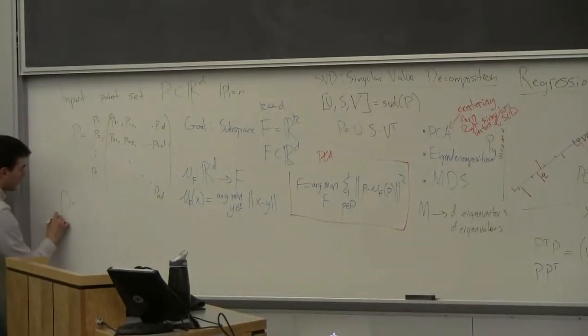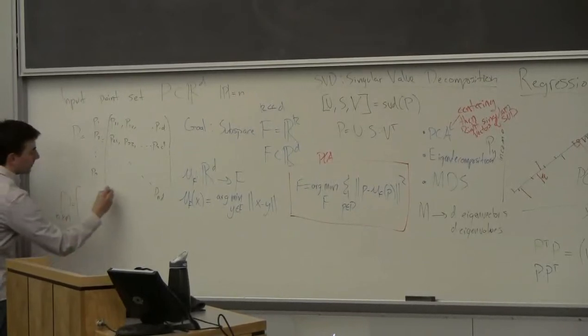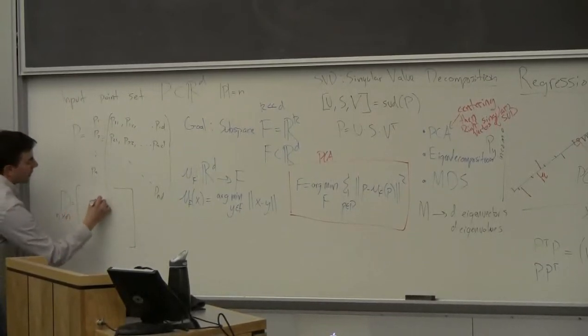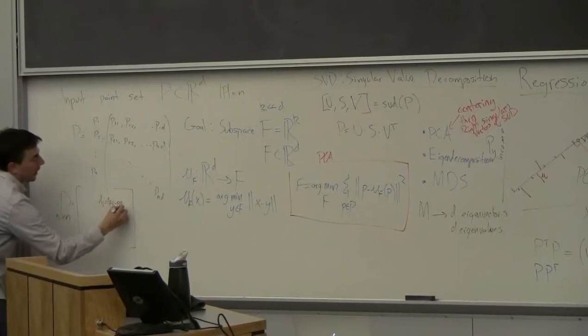So I take this point set, and I convert it into this matrix, which is an n by n distance matrix, where the entry dij is the distance between pi and pj.